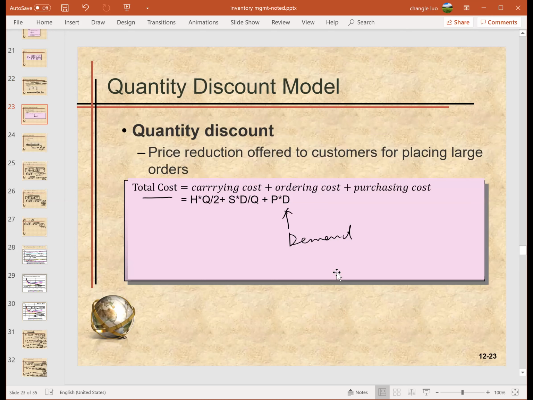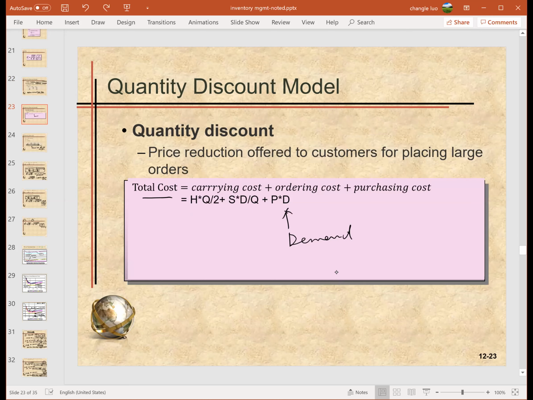Now the total cost is the carrying cost, which is the holding cost times average inventory level, plus ordering cost, which is S, times the frequency of the orders.